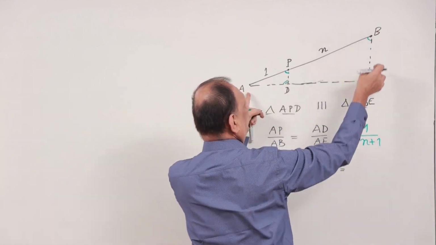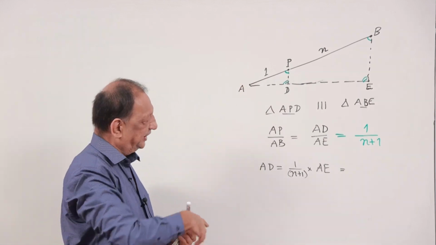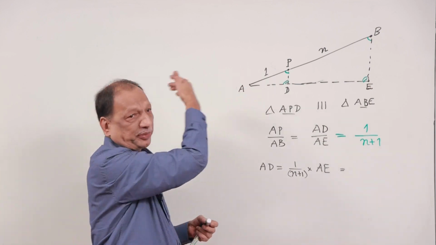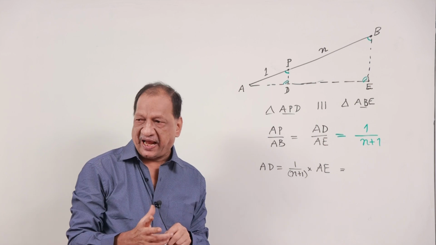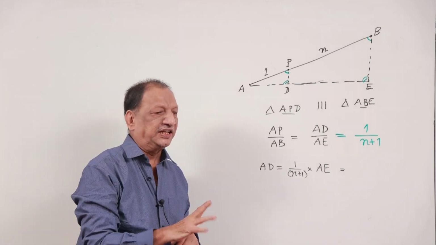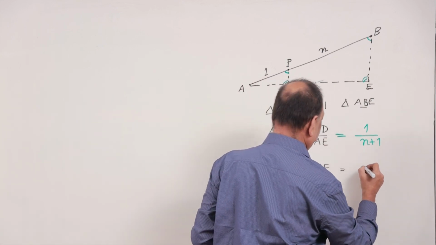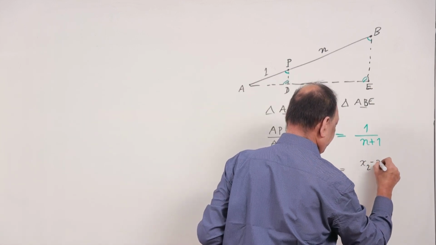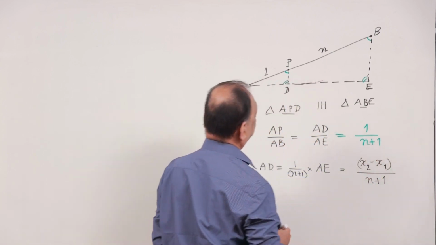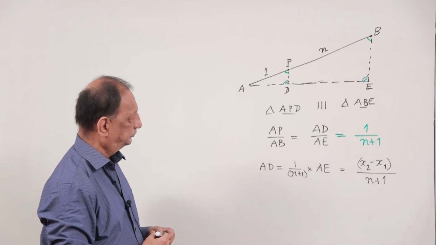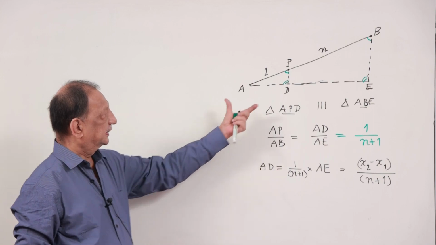It is the x coordinate of B minus x coordinate of A. Similarly, in the y side also same thing will happen when I draw a perpendicular. So what I suggest is that we will work only with the x coordinate, abscissa. By symmetry you can write down the answer for the ordinate, which is the y coordinate also. So what is AE? It is x2 minus x1, divided by n plus 1. That is AD.